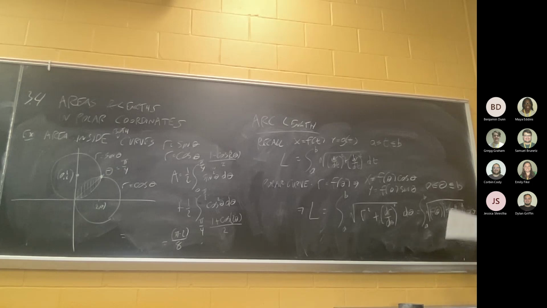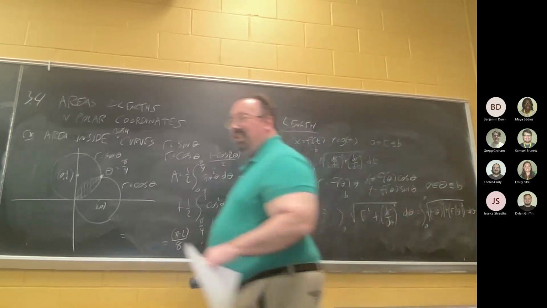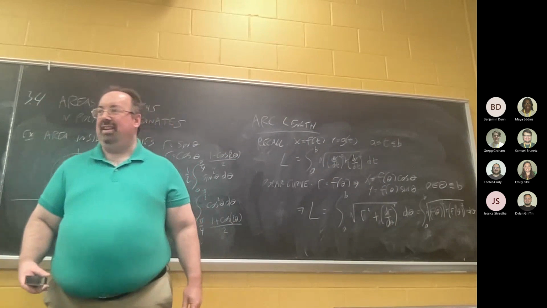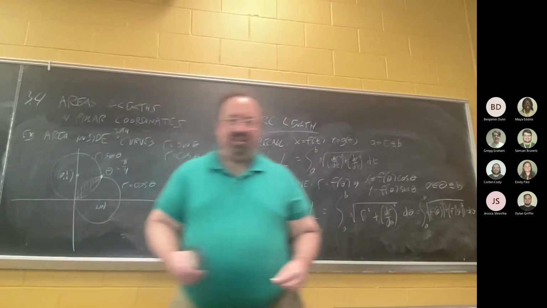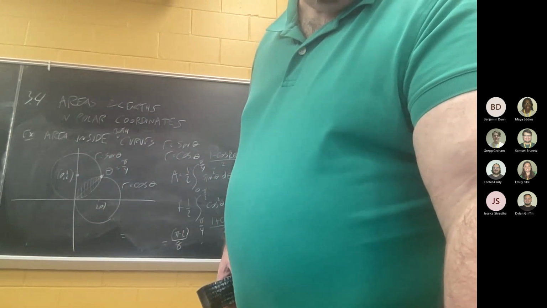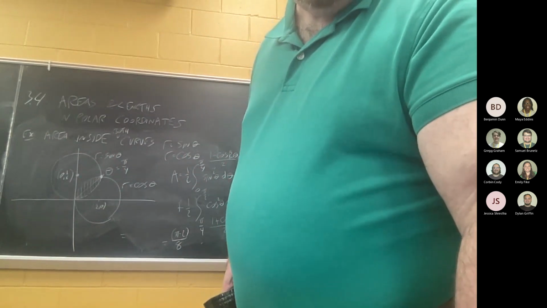Oh, I only have one example here. Yeah, it's not a very interesting topic. Arc length is on the exam. It is. So it's maybe only one, but it's a very worthwhile one.